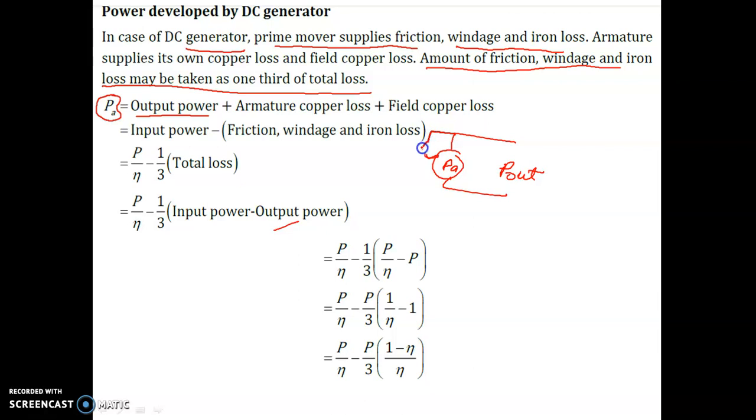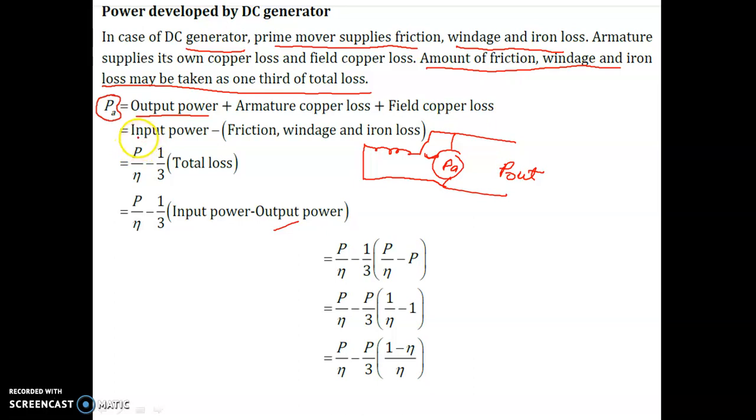Let's suppose it is a shunt motor or series motor, so here field loss will also be there. So after adding all these losses and the output, we get the armature power developed.